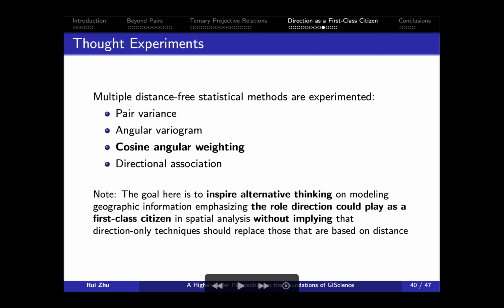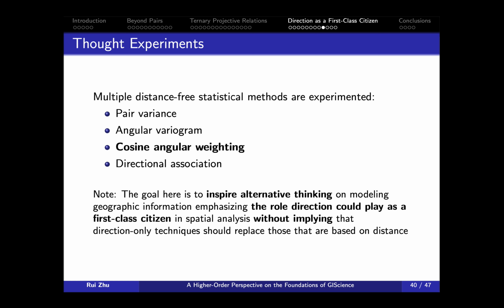To further explore the role of direction in spatial analysis, we conducted a series of thought experiments here, in which we developed several distance-free statistical methods, including pair variance, angular variogram, cosine angular weighting, as well as the directional association. In this talk, I will only focus on the cosine angular weighting.